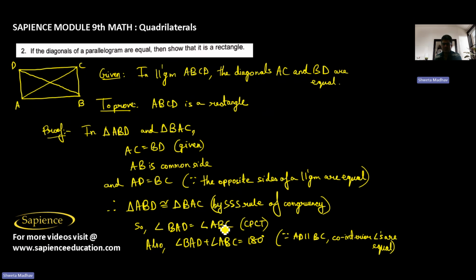Now these two angles are equal. Therefore angle BAD equals angle ABC equals 180 degrees divided by 2, that is 90 degrees.